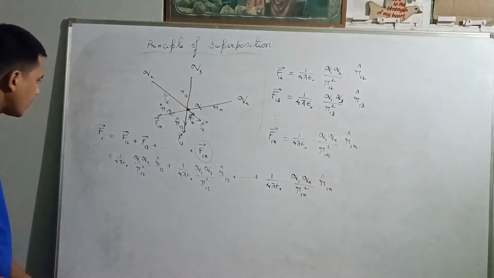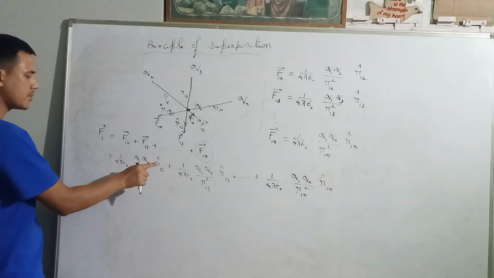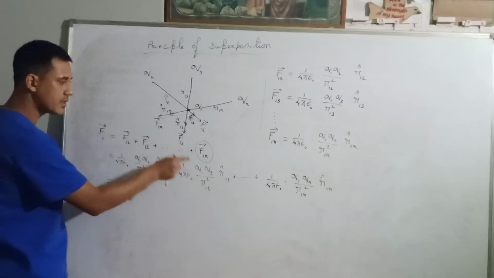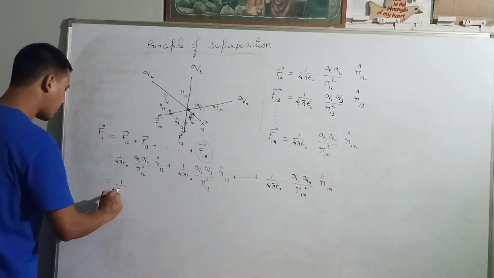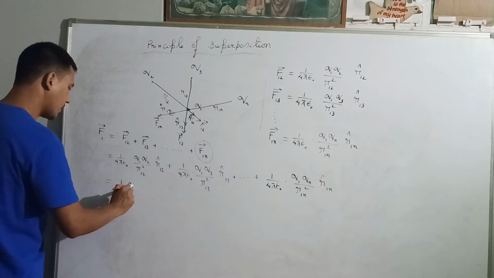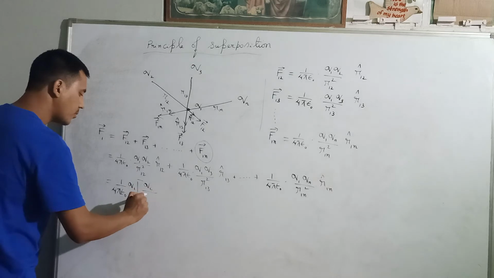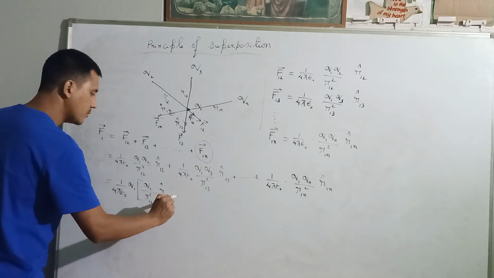Now let me take some common terms. 1 by 4 pi epsilon naught is common everywhere. Charge Q1 is common everywhere. So 1 by 4 pi epsilon naught Q1, and then what do we have? Q2 by R12 square with unit vector R12.